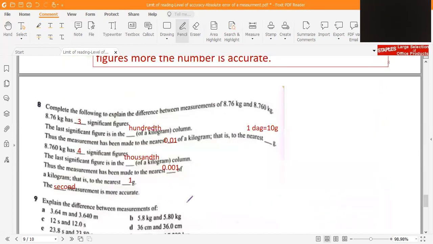Like here we have two numbers, 8.76 and 8.760 kilograms. We have the same weight unit here, but the first has 3 significant figures and the second has 4 significant figures. So the accuracy is more achieved by the second measurement.